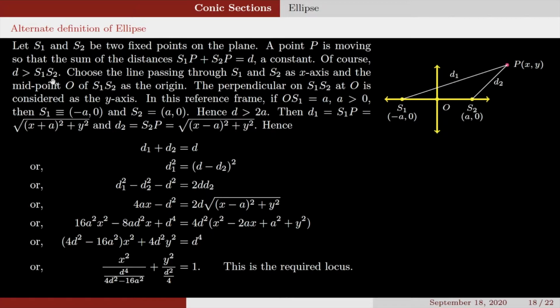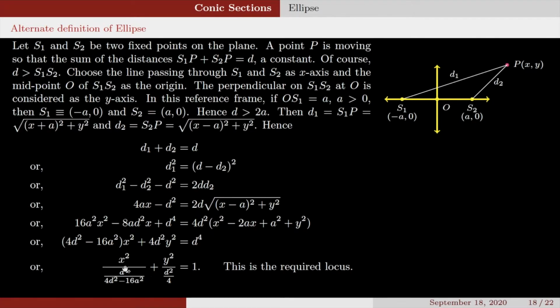The distance S1S2 is 2A, so D is greater than 2A. Therefore D squared is greater than 4A squared, so 4D squared is greater than 16A squared. So this quantity, 4D squared minus 16A squared, is a strictly positive quantity.